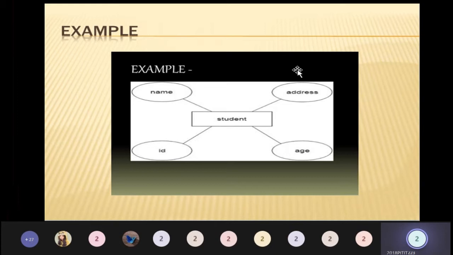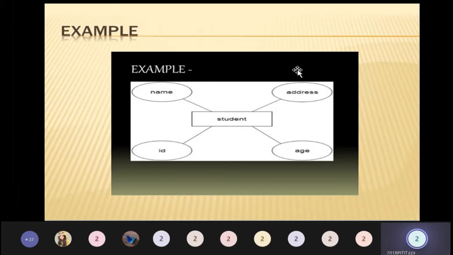The table has student name, address, ID, and age. These are the attributes used in the student table. So this is an example of an ER diagram.